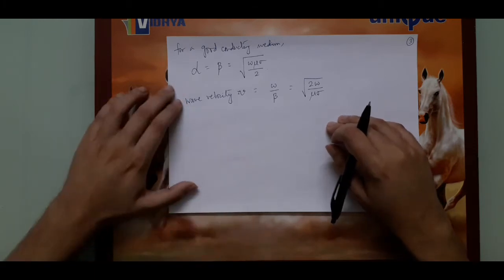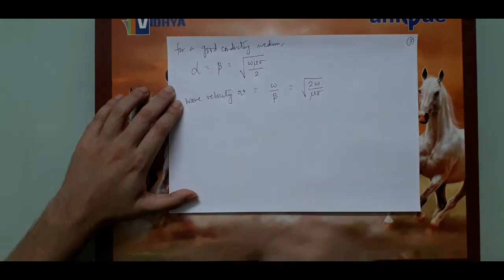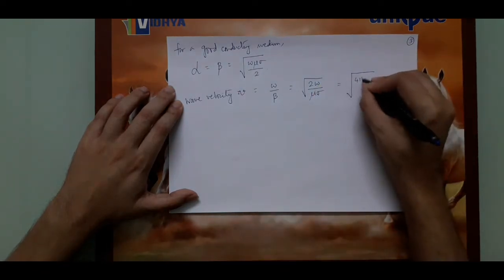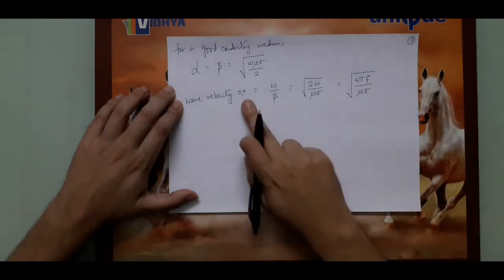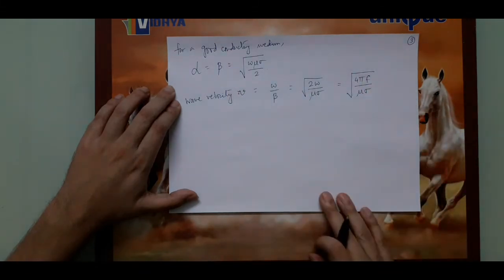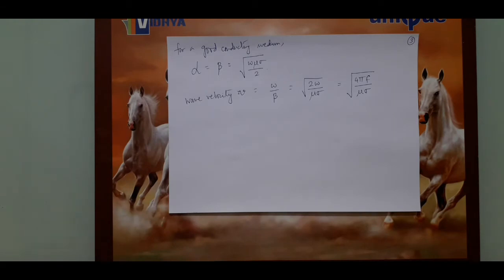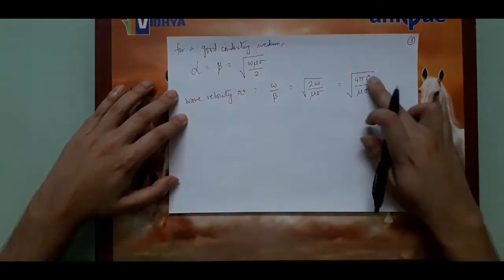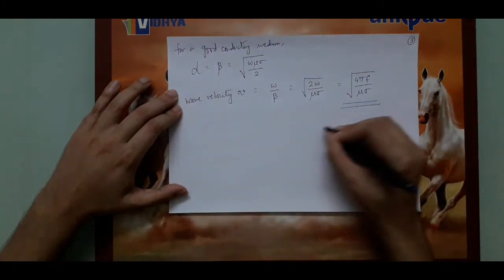The other thing that we can see is that the wave velocity is a function of omega, or in terms of frequency I can write the square root of 4 pi f divided by mu sigma. So here the wave velocity is a function of the frequency. So any medium where the wave velocity is a function of frequency is called a dispersive medium.